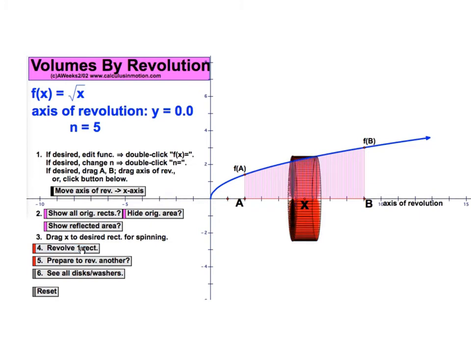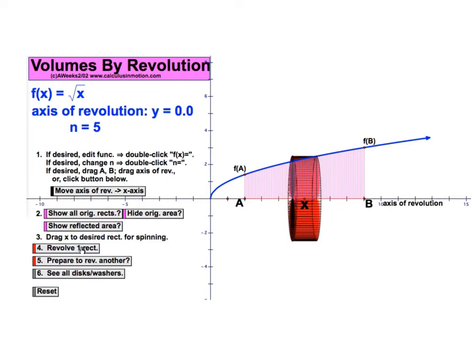And what happens is when I take this little rectangle and revolve it, I get a cylinder, okay? And that cylinder is on its side. So we kind of got to think a little bit, but all we're doing essentially is we're going to take this cylinder and add up a bunch of cylinders to get our volume, okay?